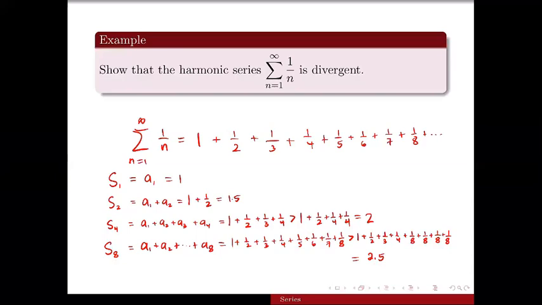Okay? You can check that if you calculate your S sub 16, this will be greater than 3. Okay?